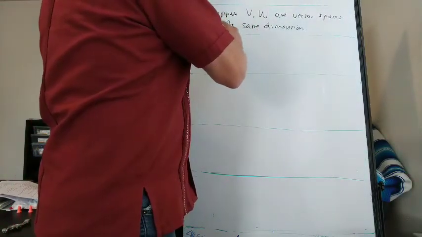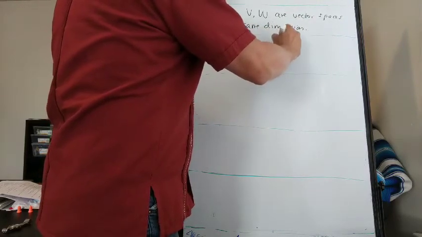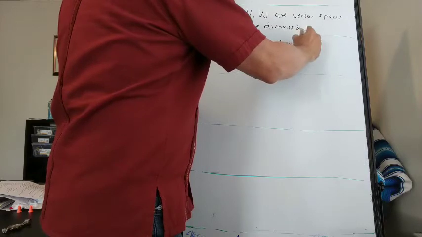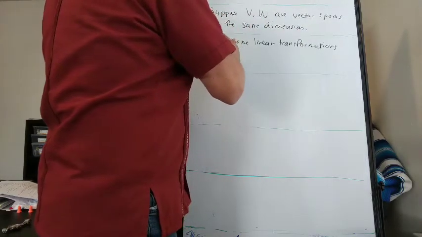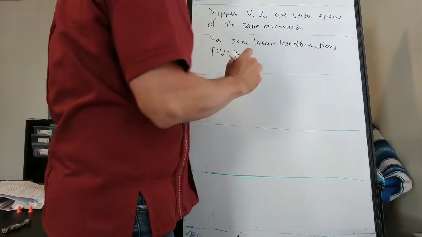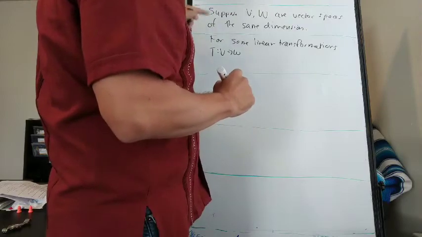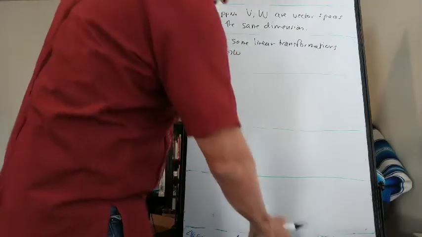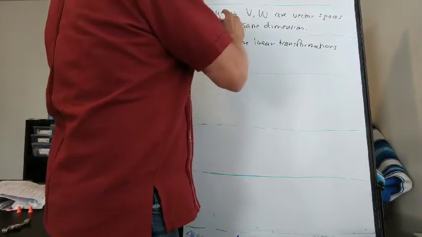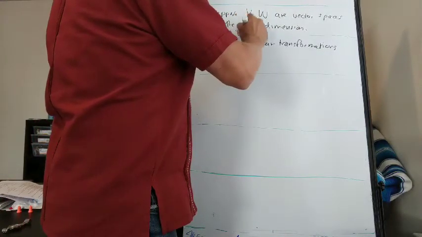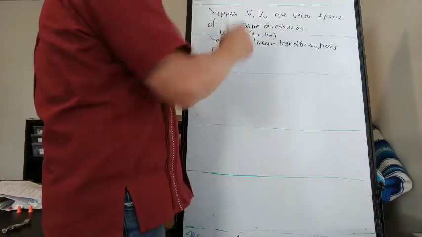Now, for some linear transformations T from V to W, I wanted to fix a basis. Let's say these are vector spaces of the same dimension, and let B be a basis of V. So let's say the dimension is n. B has n elements in it.